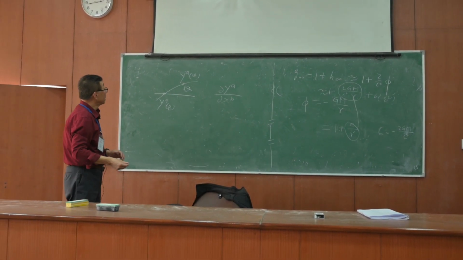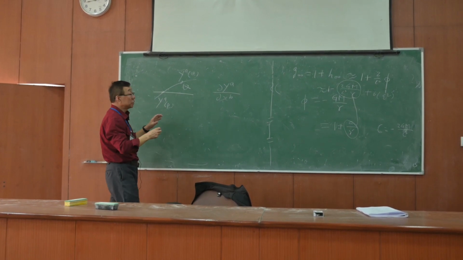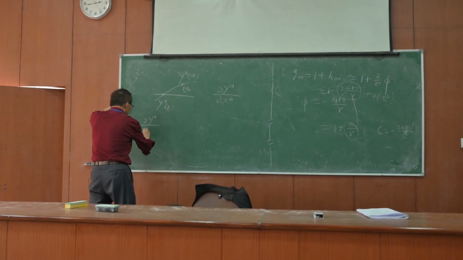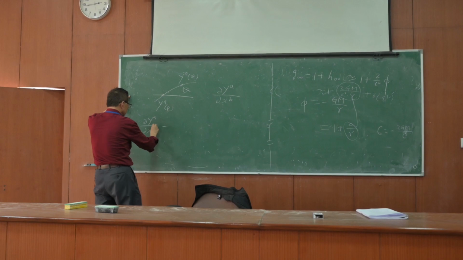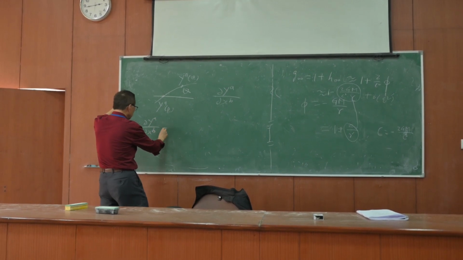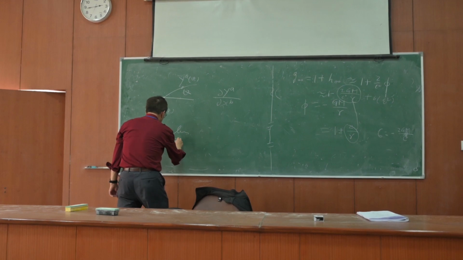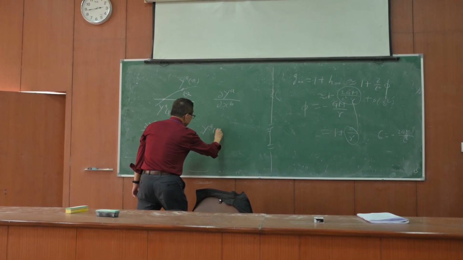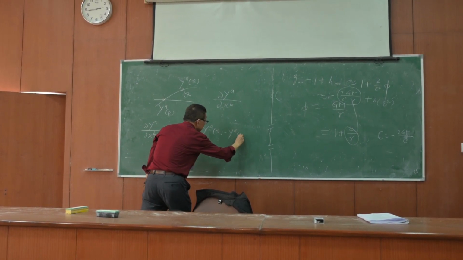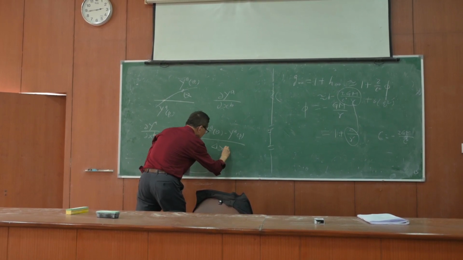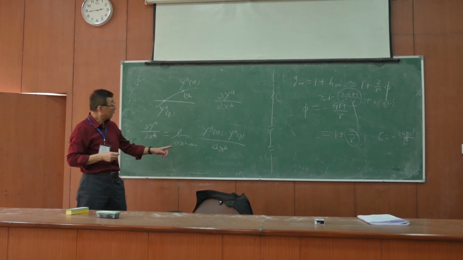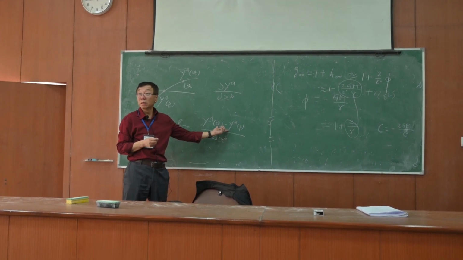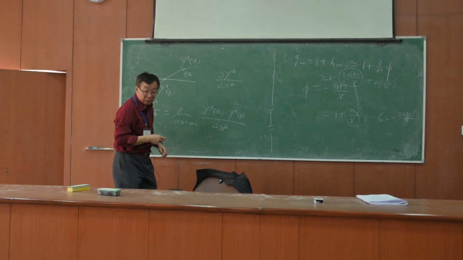The main reason is geometrical: when we consider the partial derivative with respect to x^b, it is the limit as delta x^b goes to 0 of y^a(Q) minus y^a(P) over delta x^b. So you see, it is actually the difference between two different points.